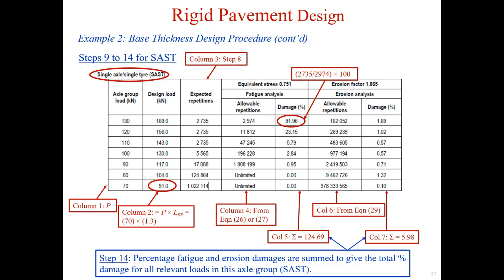Similarly, we could work out the erosion damage in the last column. The sum is around 6. The total percentages of fatigue damage and erosion damage are 124.69 and 5.98% for all relevant loads in this axle group SASD.